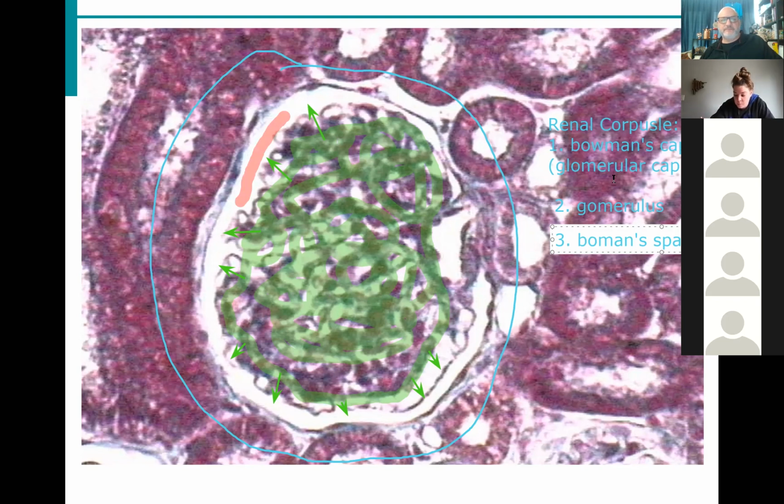What do you think? Probably the guy who found it or something. Yeah, good old Bob Bowman was the first person who discovered it, or at least the first one who wrote it up or took a picture of it and posted it in a journal. And of course, like most anatomists, he named it after himself. So there you go. We have Bowman's capsule and Bowman's space, and that capillary that collectively form the renal corpuscle.